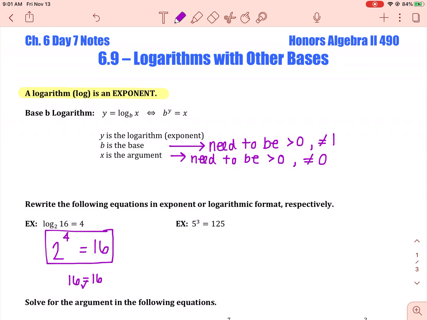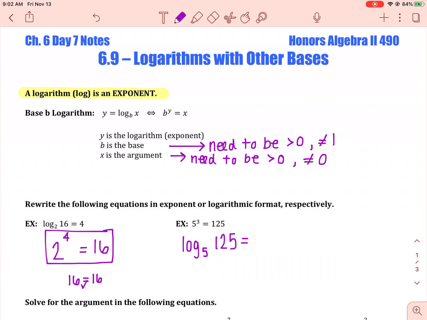Now let's go the other way. You have 5 cubed equals 125. So I'm going to have log, my base is 5, so put a little subscript 5. The argument is x, so that's 125.